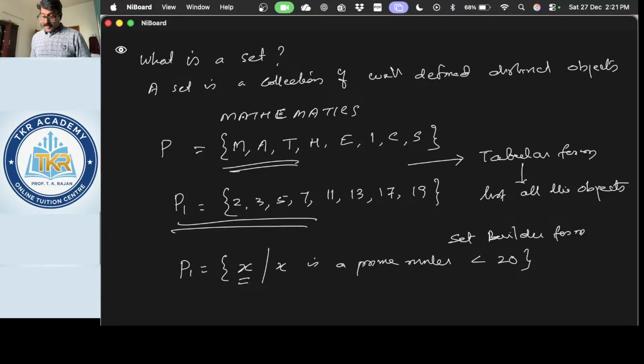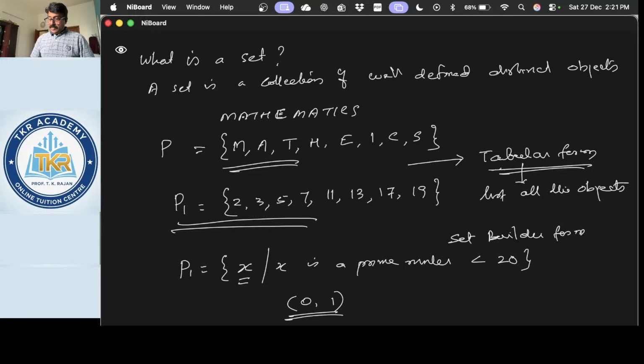So, you take another example, the set of rational numbers in between 0 and 1. All the rational numbers in the open interval 0, 1. So how do we write that? We cannot list all the elements, or we cannot use the tabular form for writing all the rational numbers in 0, 1.